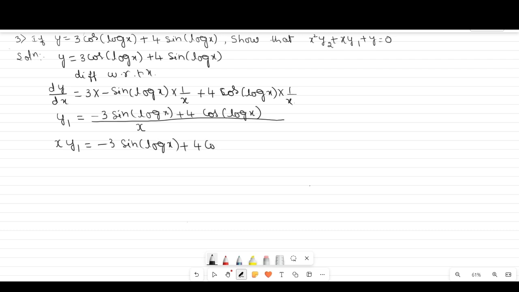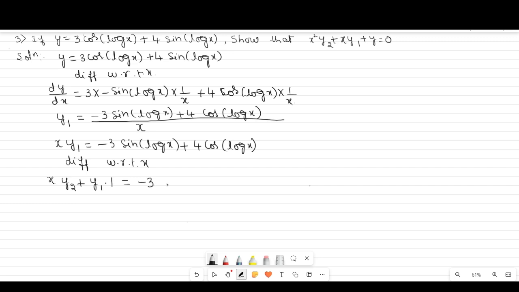So we want the second order derivative, isn't it? To find the second order derivative, let me differentiate this again with respect to x. So to differentiate the left hand side, we must apply the product rule. First function into derivative of second plus second function into derivative of first equals minus 3.